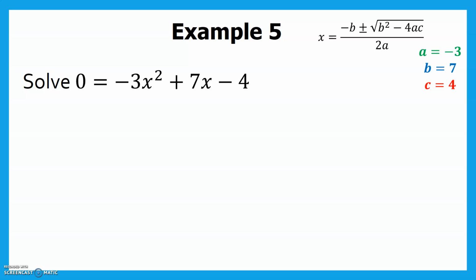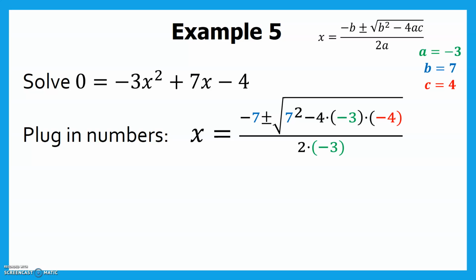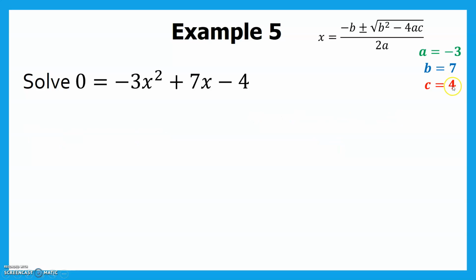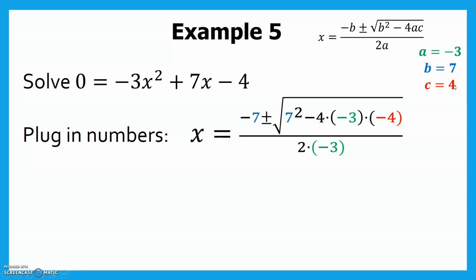So a is -3, b is 7, and c is -4, and I just put 4. Okay, but I put -4 in the problem, so this C right here should be negative. So make sure you write that down that way.